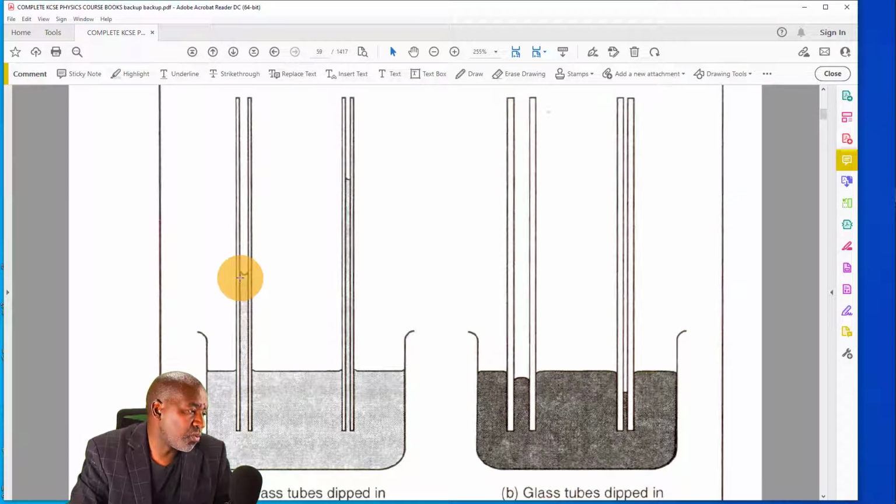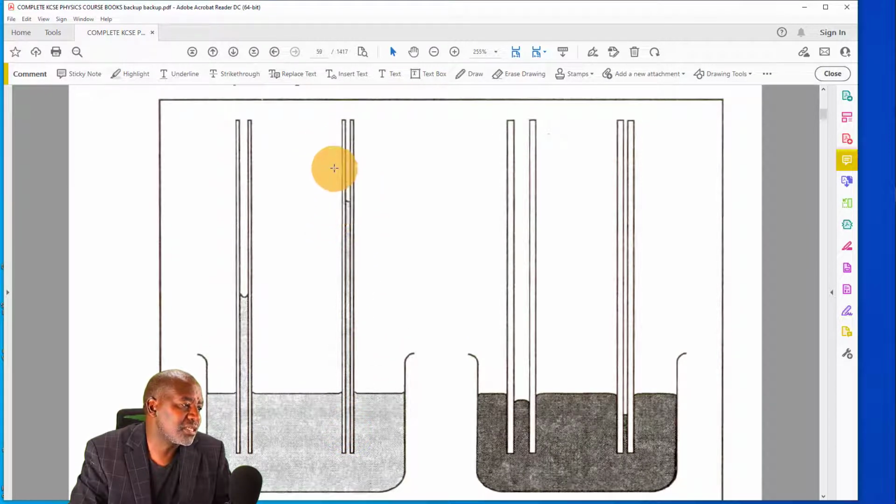So more water molecules would want to come into contact with the inside part of the tubing. So for that force to support a certain water column, you'll find that when the tube is thinner, the length of that water column is going to be greater. You can see that it runs all the way up to this point.